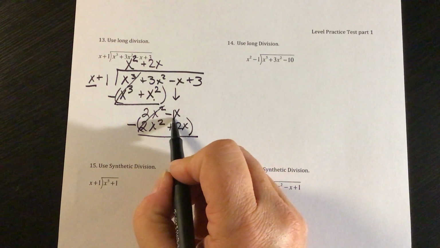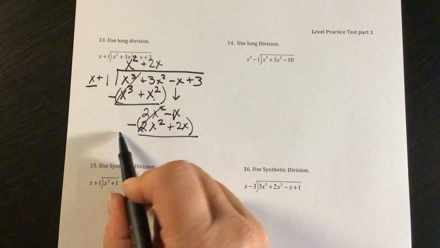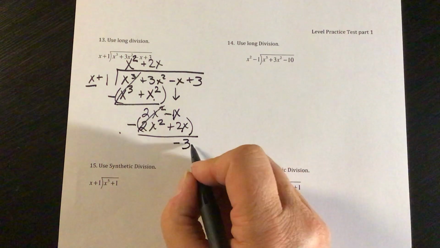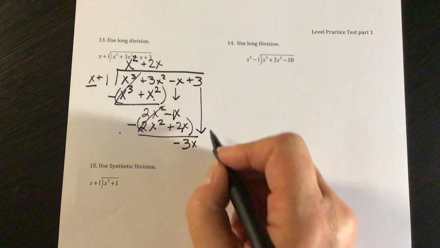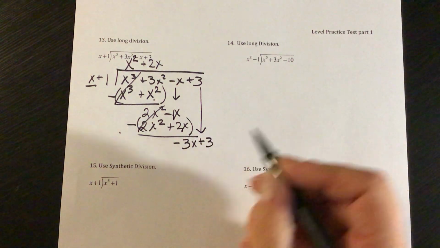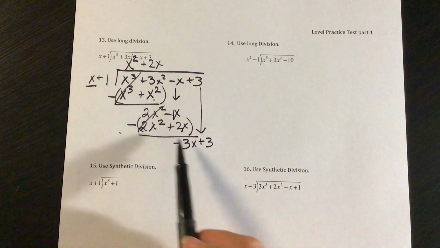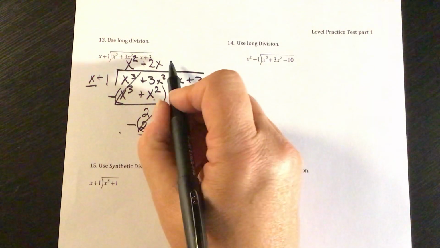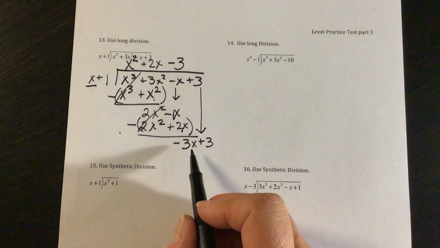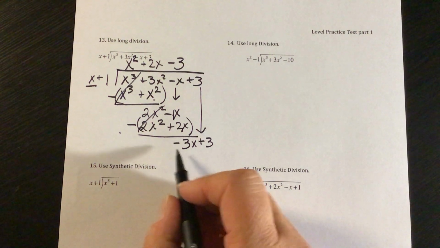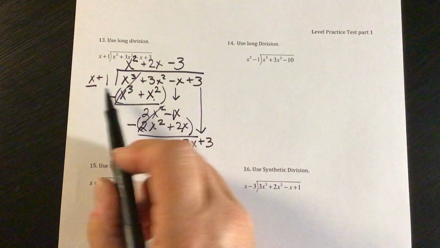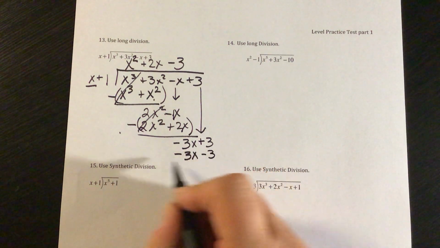So here I have negative 1 minus 2 is negative 3 with an x, and I bring down my plus 3, and then I have x times negative 3 is negative 3x, and if I multiply both terms, negative 3 times 1 is negative 3.